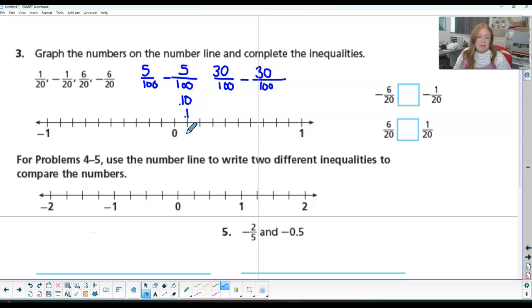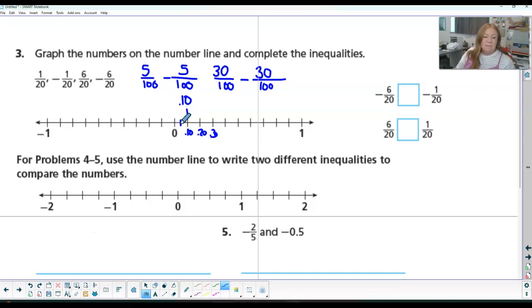So we need to think about these. This is really like 10, 20, 30. Each of them is worth 10, all the way up to 100. So we have 10 tens, that's 100. So we're at 5. We're not going over to 50. It's right here. 5 hundredths is right here.